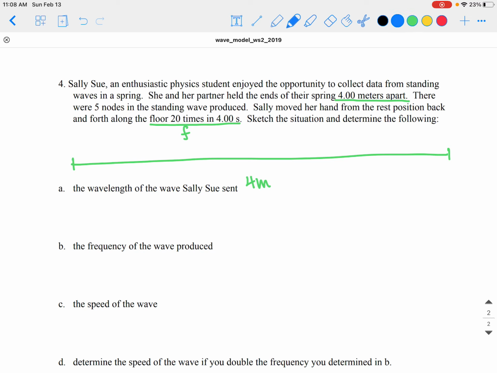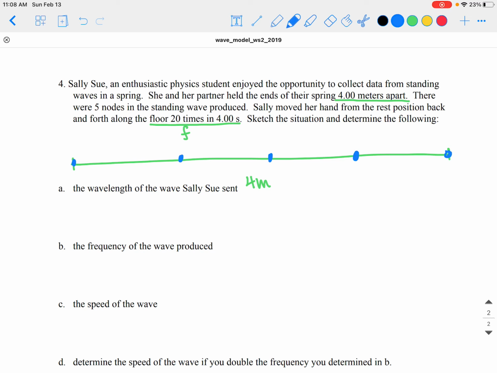So I'm going to draw the spring. They held the ends of their spring. There were 5 nodes in the standing wave produced. In this diagram, I'm going to assume that the 5 nodes include the nodes at each student's hand. So I'm going to draw 1, 2, 3, 4, 5 nodes total.